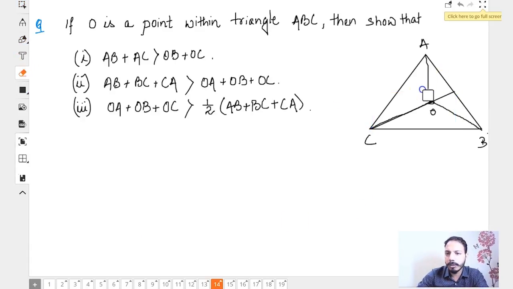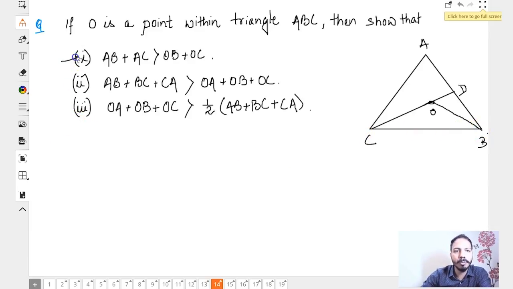For now, let's say we don't need this, okay? Fine. Now say this point is O and say this point is D. So I have constructed a line D. So now if we see here in this triangle, what can we say in this triangle?